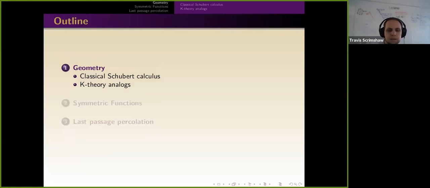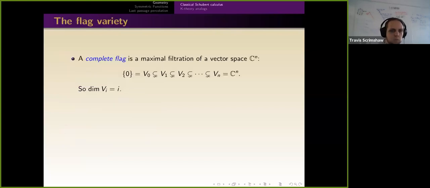Getting into it, we're just going to take something called a complete flag. You can think of the vector space C to the n, and you start with the zero space.